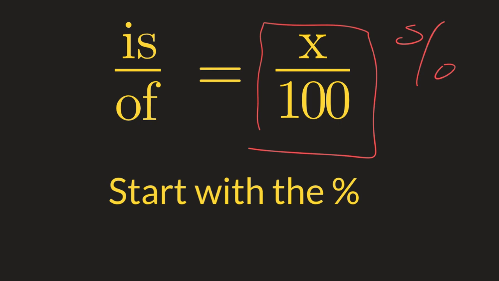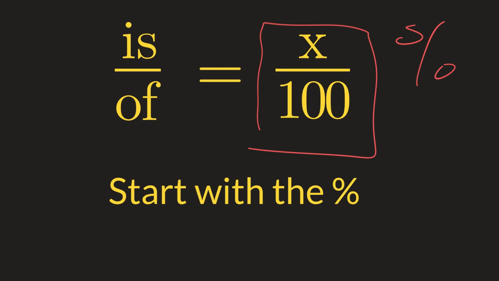So, for example, 5% would be 5 over 100. 20% would be 20 over 100. 23.5% would be 23.5 over 100. Any percentage is that number over 100, okay? So that x over 100, I want to be real clear here, represents the percent, okay?